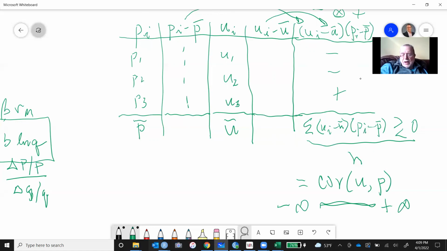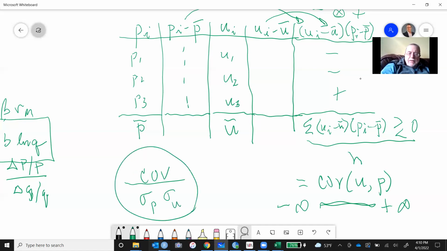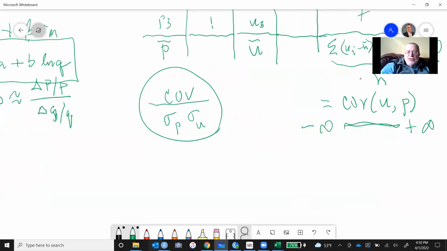So we want to create a metric that's a little bit easier to understand, and we do that. One way we do that is take the covariance and divide it by the standard deviation of price times the standard deviation of units. If you do that, you come up with a dimensionless number. Standard deviation of price is in dollars.